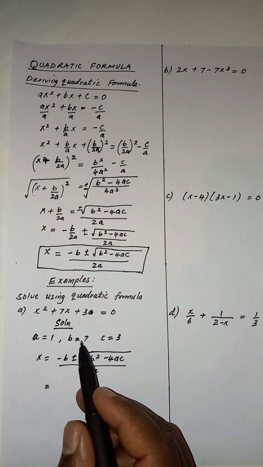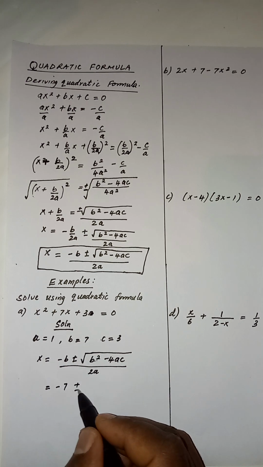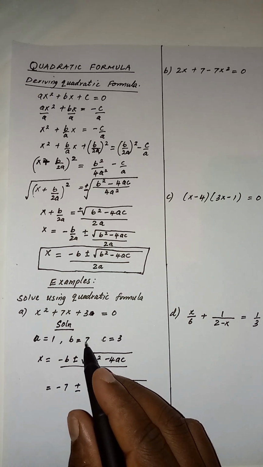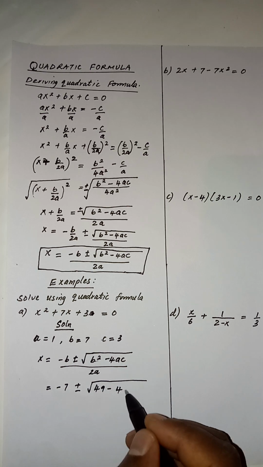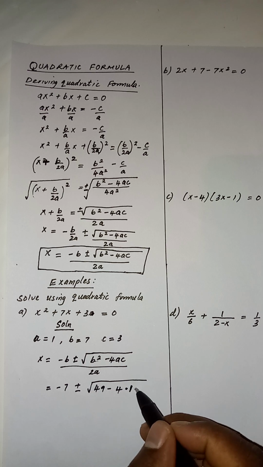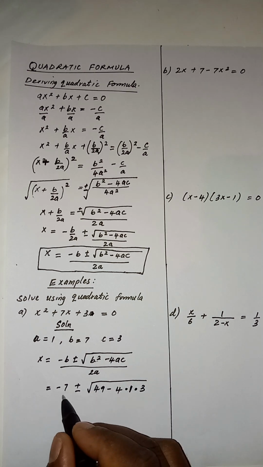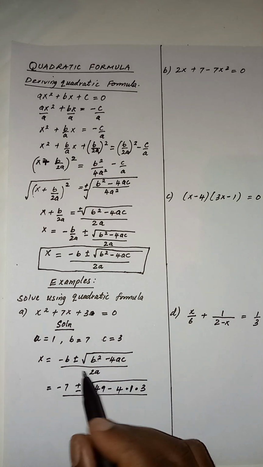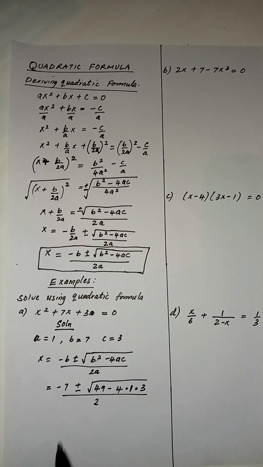Minus b, the value of b is 7, so it will be minus 7, plus or minus the square root of b squared, which is 49, minus 4 multiplied by a, the value of a is 1, multiplied by c, the value of c is 3, divided by 2 multiplied by 1, because the value of a is 1, so it will be 2.